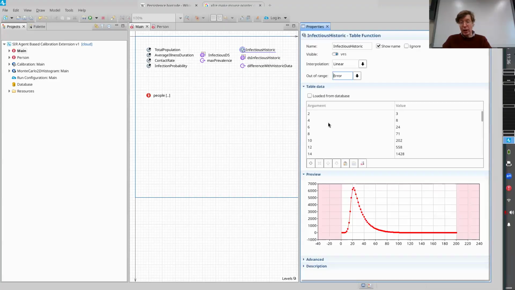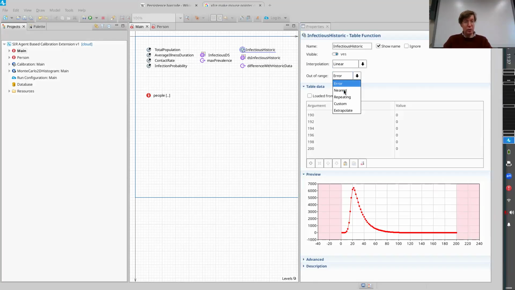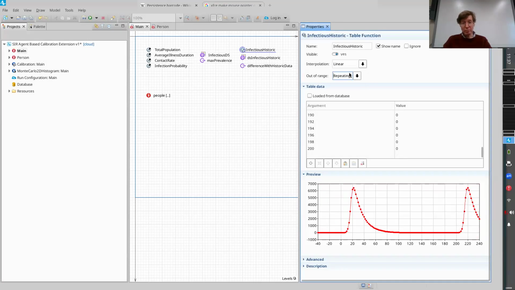But this out of range allows us to say, well, if we passed in a value less than 2 or a value more than 200, how should it handle that? Should it give an error? Should it give the nearest one that is in here? Should it repeat the sequence, whereby we assume that the sequence repeats precisely after each of these ends?